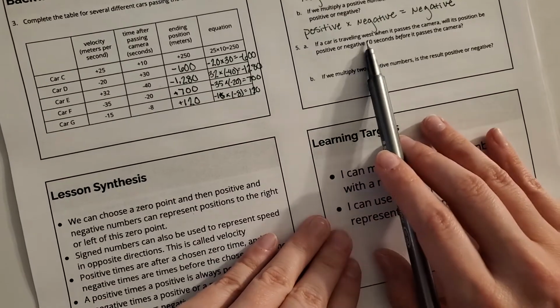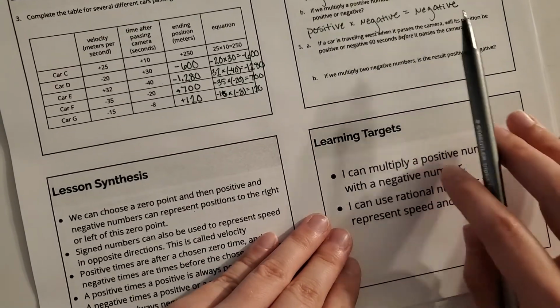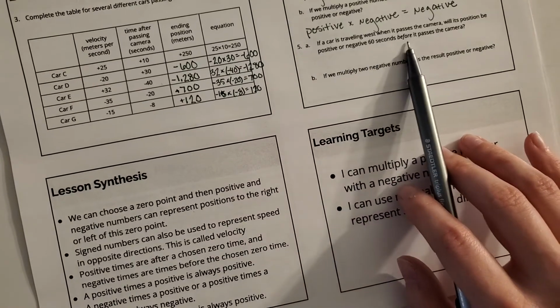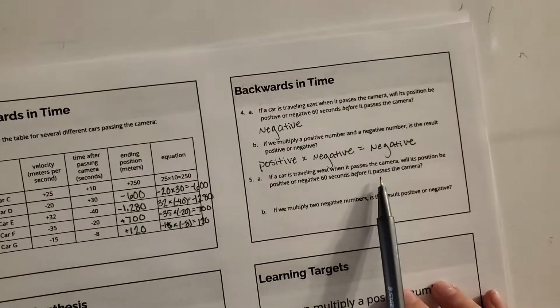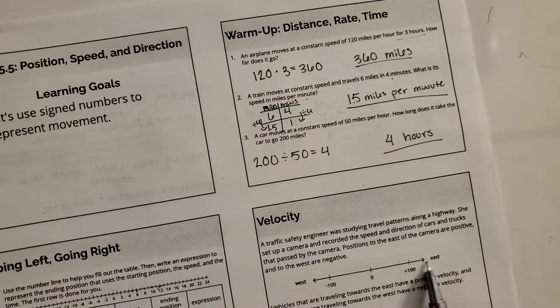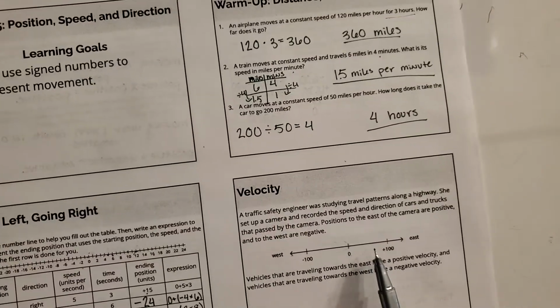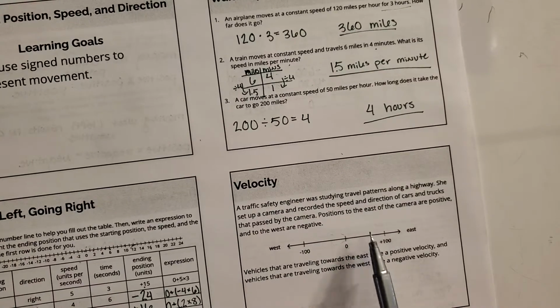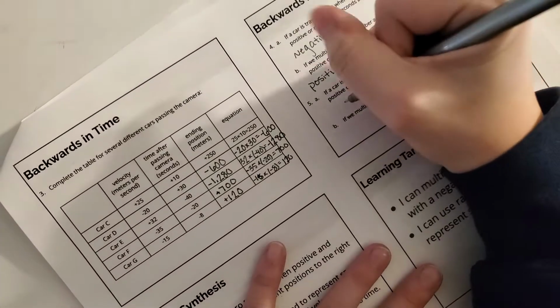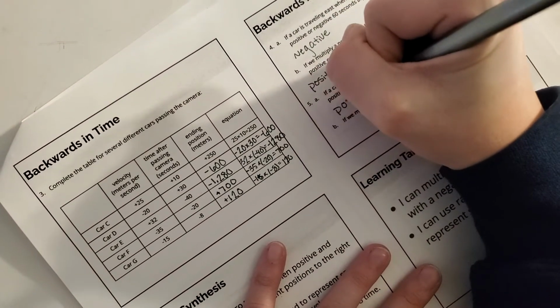If a car is traveling west when it passes the camera, will its position be positive or negative 60 seconds before it passes the camera? Well, if we're moving west 60 seconds before we pass, we would end up with positive numbers. So this would be a positive 60 seconds.